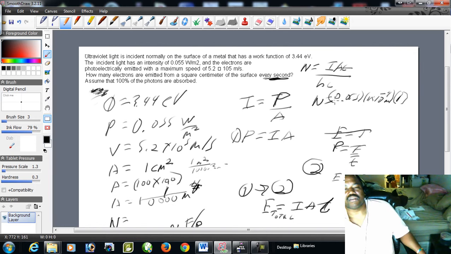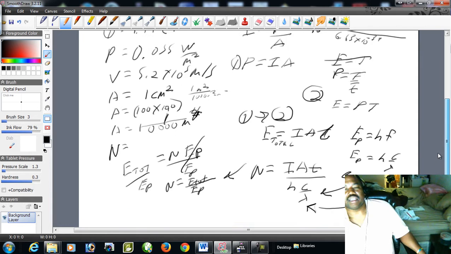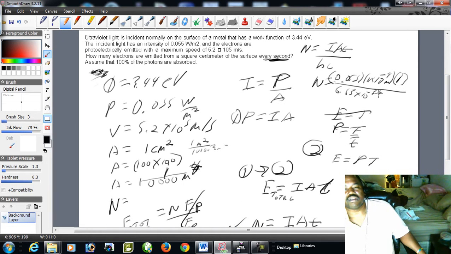My h turns out to be 6.63 times 10 to the minus 34, and the speed of light turns out to be 3 times 10 to the 8th.